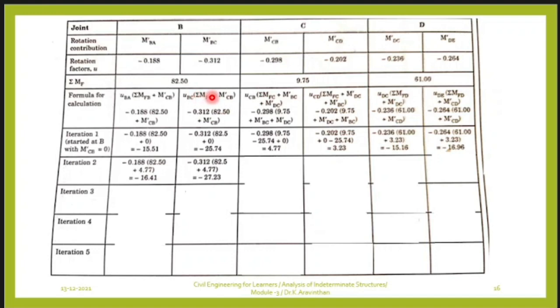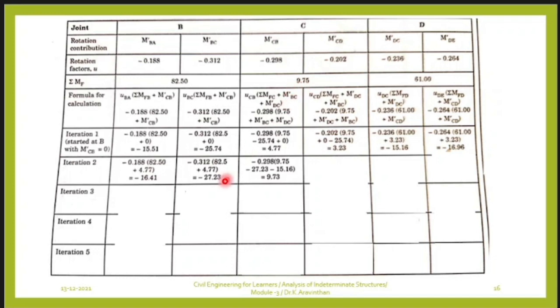M of FB plus M dash CB. What is M dash CB? It is the previous value. When you are taking here, you have to take M dash BC. You see, you have M dash BC here. So your formula is MFC. What is MFC? It is 9.75.